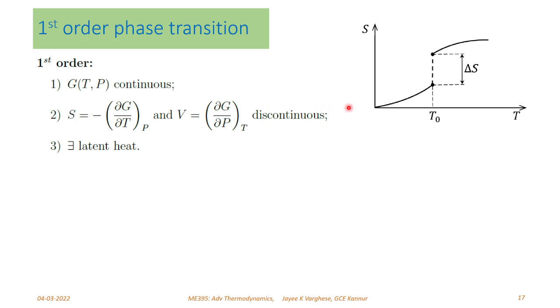So we can see that this is a first order phase transition. Melting or vaporization is a first order phase transition because the first derivative of the Gibbs function with respect to temperature is discontinuous. Similarly, the first derivative of the Gibbs function with respect to pressure at constant temperature, that is nothing but volume, is also discontinuous.